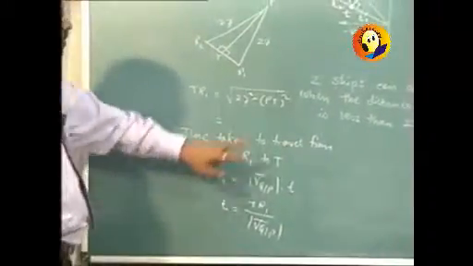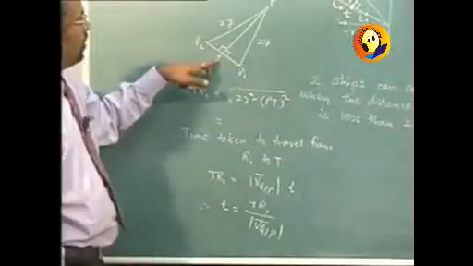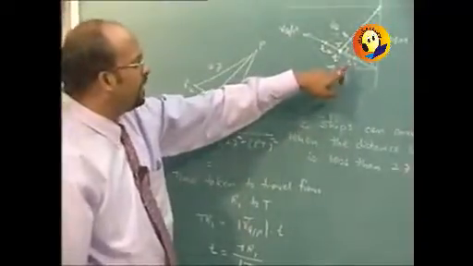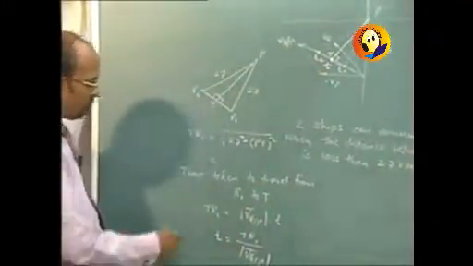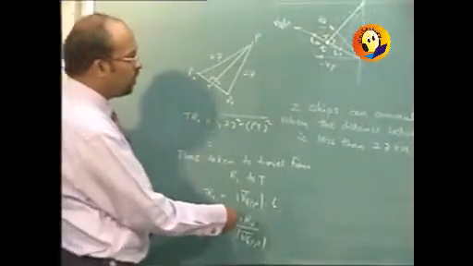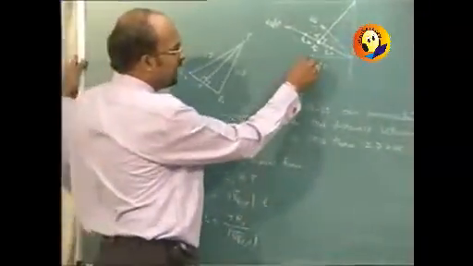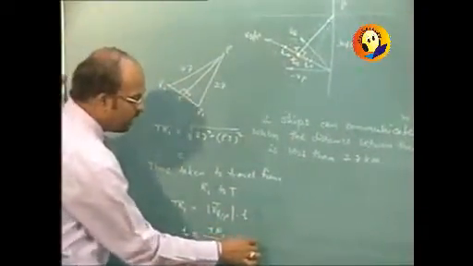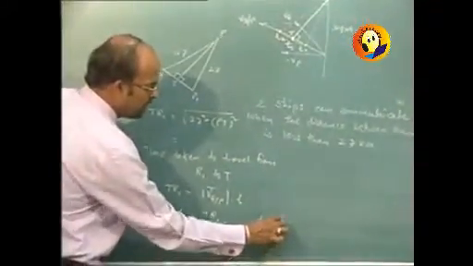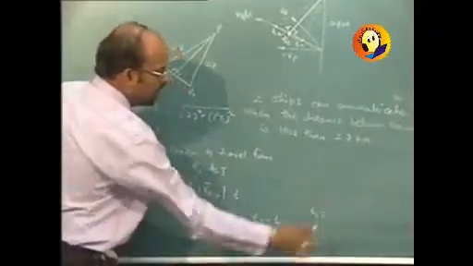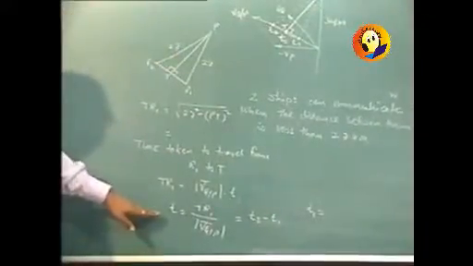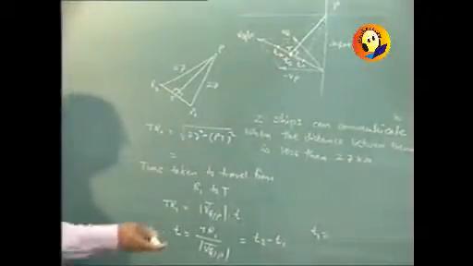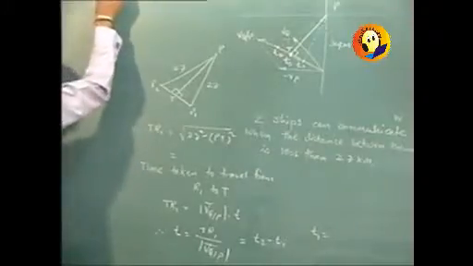So in time t, the ship travels from point R1 to T, whatever is the difference, because we have already calculated the time taken to reach the shortest distance. If I call this TS, then the time that I have calculated should be added to and subtracted from TS.